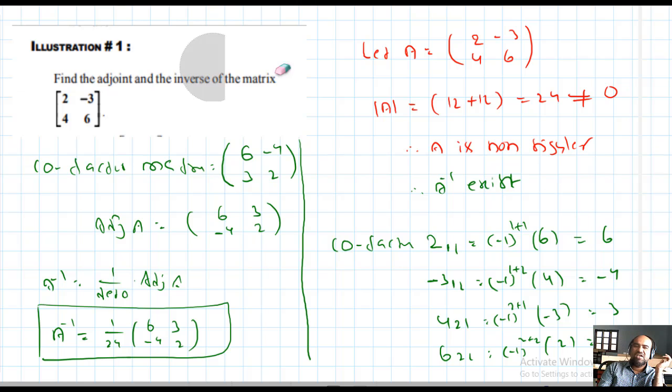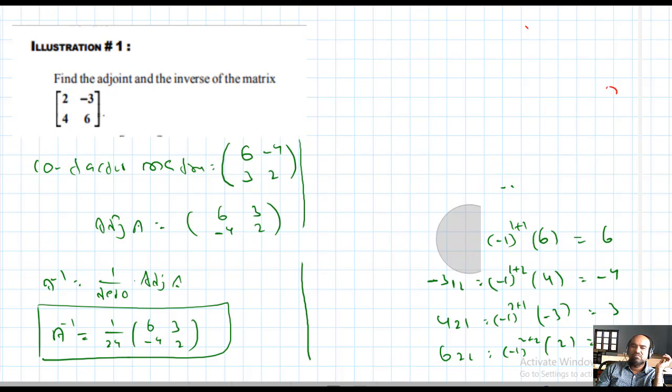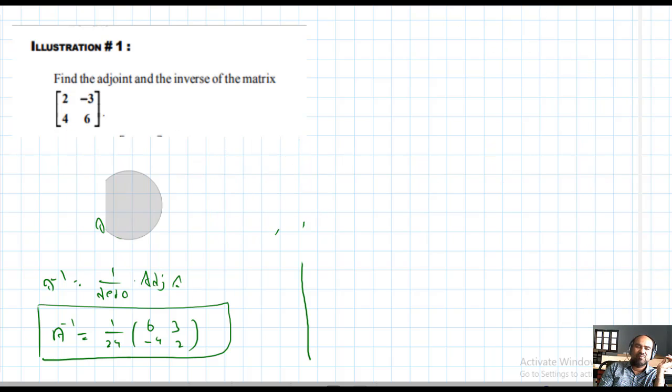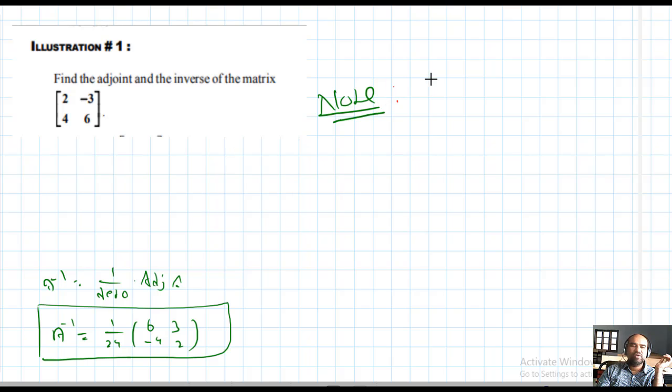But for 2 by 2 you can directly write the answer. No need to do all these things. For 3 by 3 you need to find the cofactor matrix, adjoint matrix, everything. For 2 by 2 no need. Note, important note: what I am explaining, this note is only for 2 by 2.